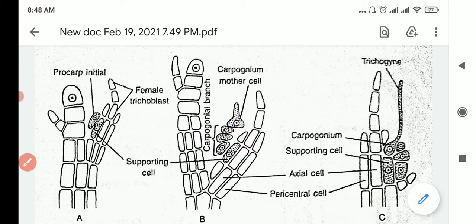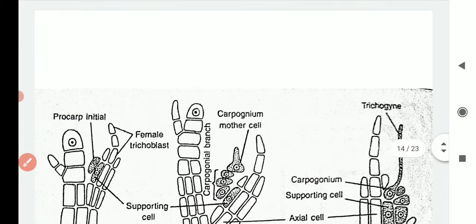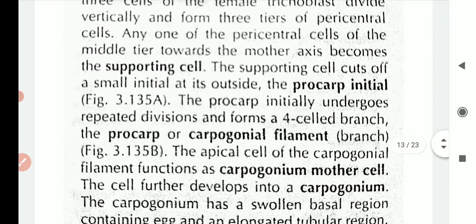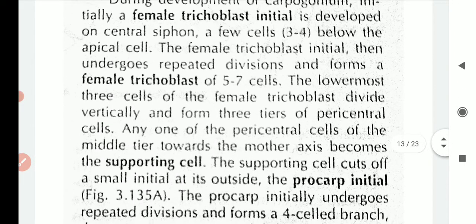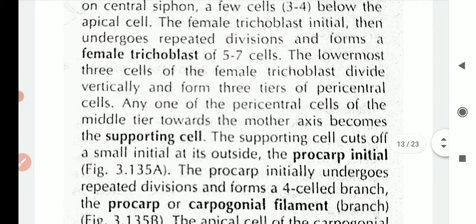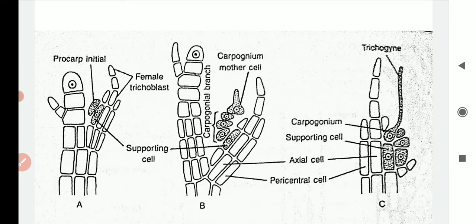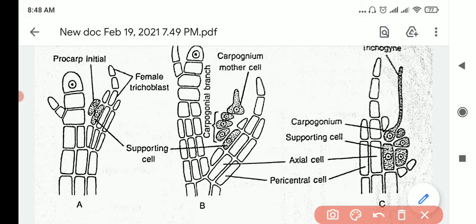Remember the vertical division? They will form the 3 tiers of the pericentral cells. Okay, I found the pericentral cells. First we started with just 2, then we have 1, 2, 3, 4, 5, 6, 7.